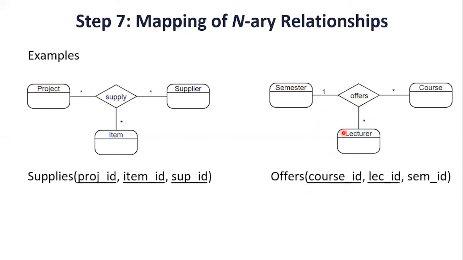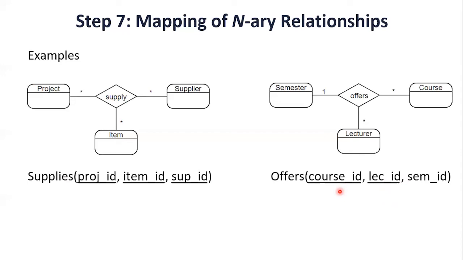So again, if we create the relation or table, first we have course ID, lecturer ID, semester ID, all three foreign keys. But since semester has a one cardinality, we don't have to include it in the primary key. We can have course ID and lecturer ID together as the primary key, and that should be sufficient to uniquely identify each row.